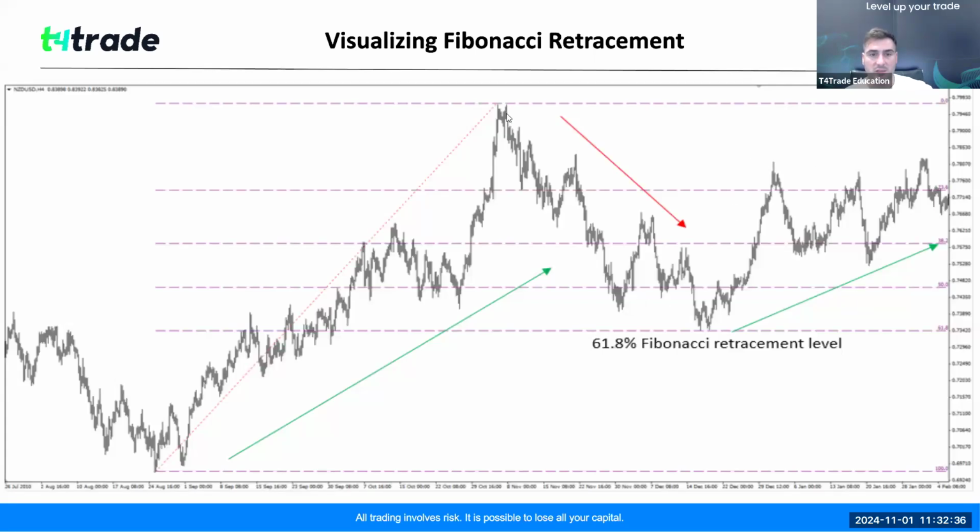In this case, we see the pullback or the retracement below the 23.6% level. It broke below, came once again above it, but afterwards it continued moving onwards. Then as traders, we go to the next ratio, which is the 38.2. We have seen some sort of consolidation or this level acting as support, mainly because it has reached this level in the past.